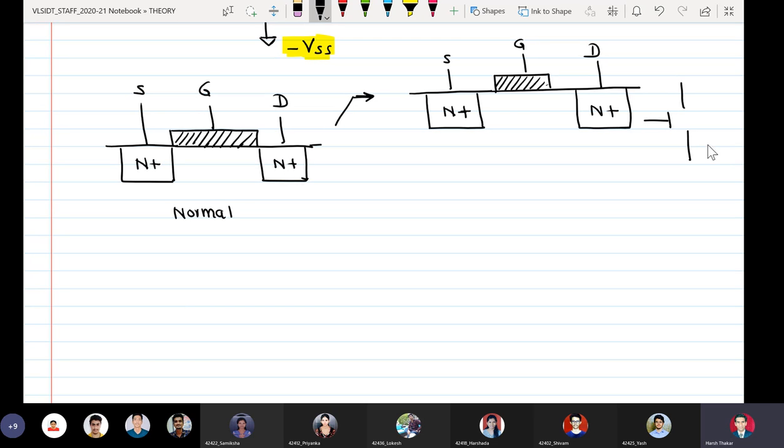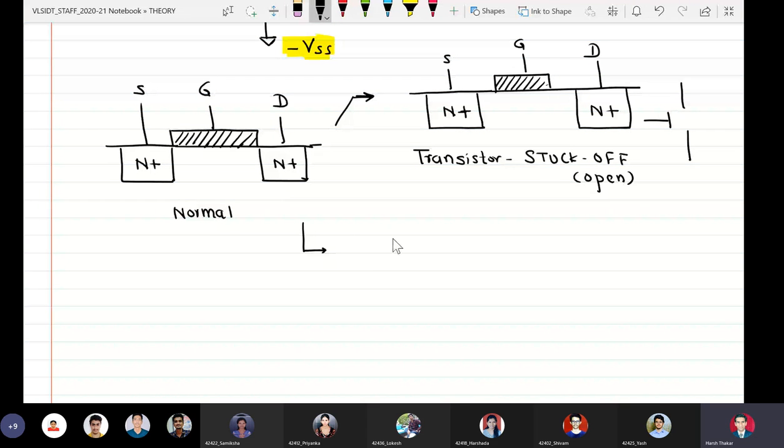This is called transistor stuck off. It is open circuited. This is called transistor stuck off or open.